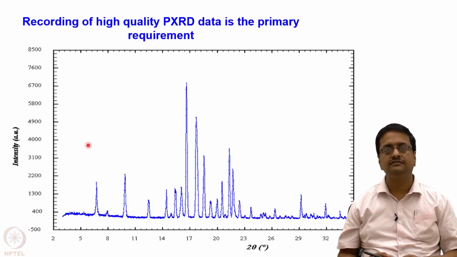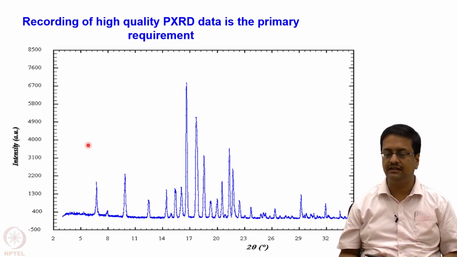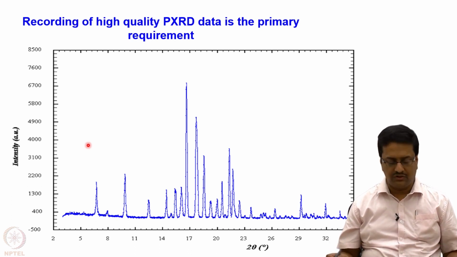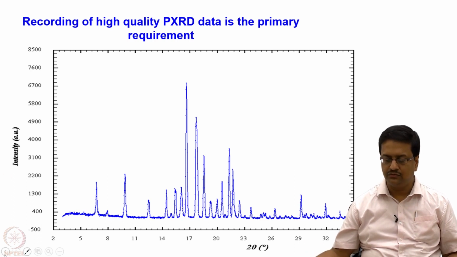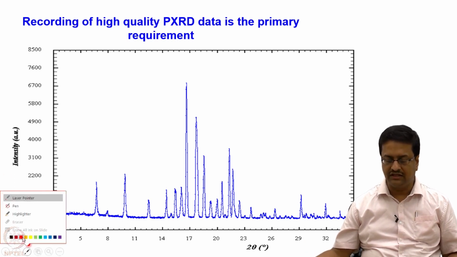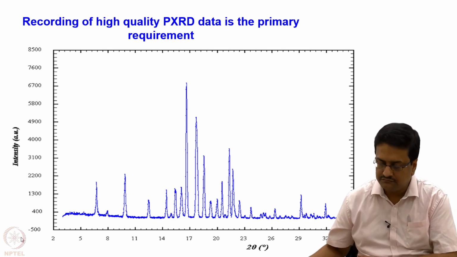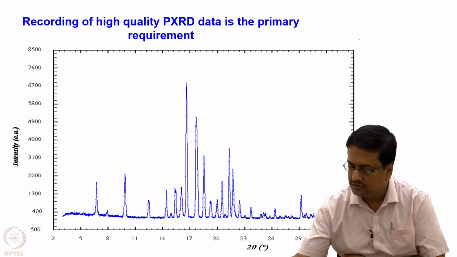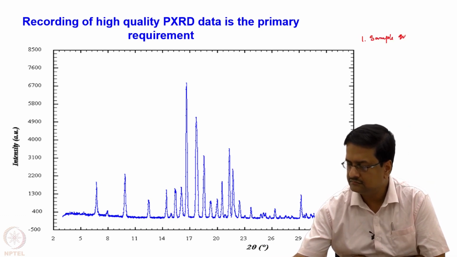The first thing is that one has to record very high quality PXRD data using the instrument available. So to measure powder X-ray diffraction data, we need to remember a few things. Number one, the sample quality.